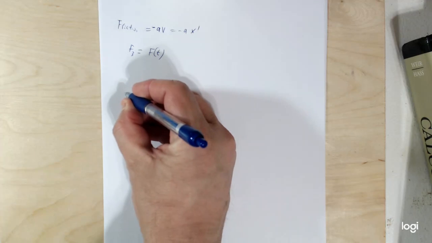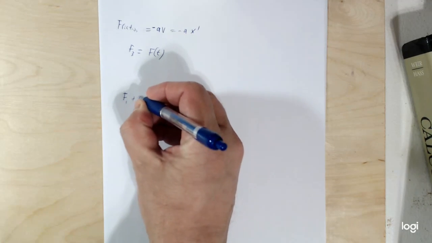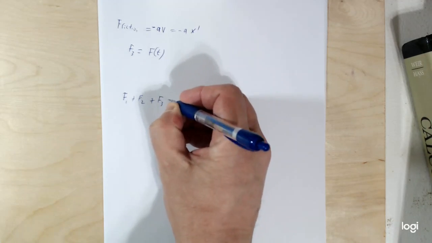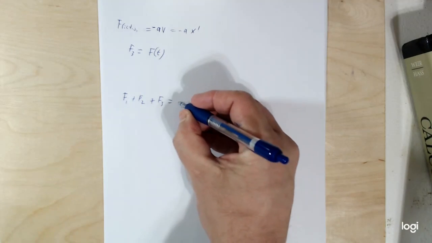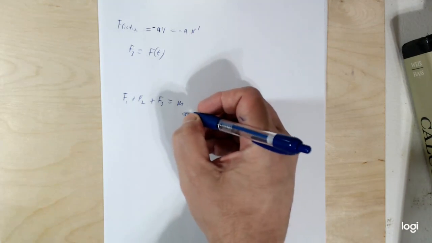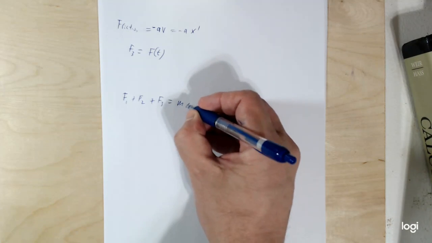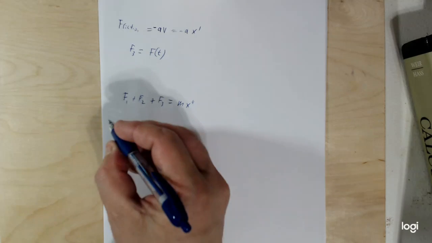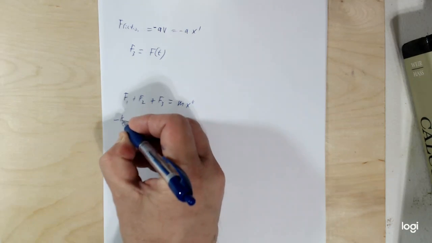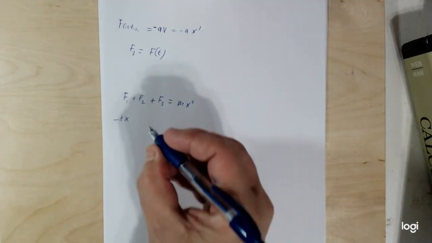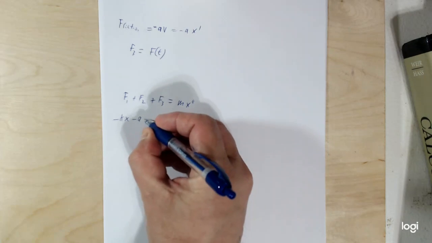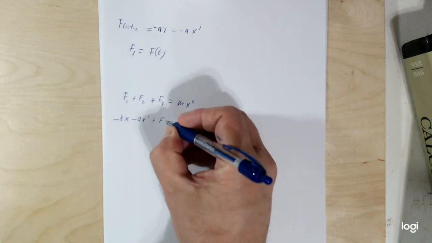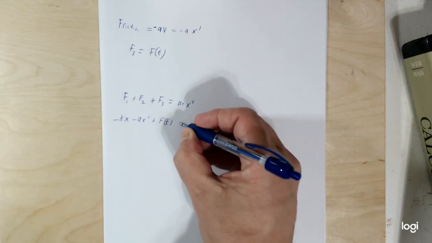Our forces, F1 plus F2 plus F3, is m times the acceleration, x double prime. F1 is minus kx. F2 is minus ax prime. And F3 is just some function, capital F of t.